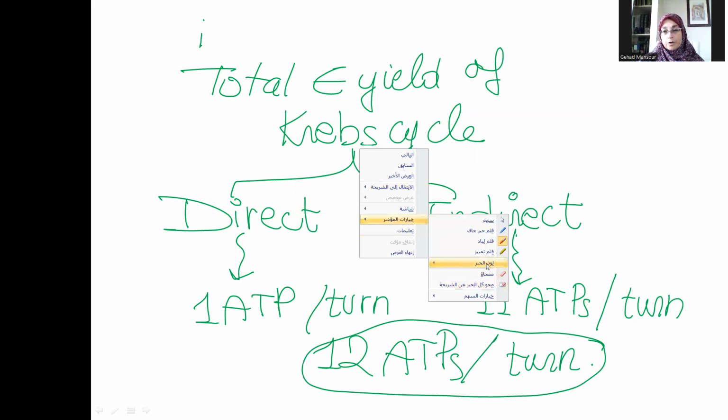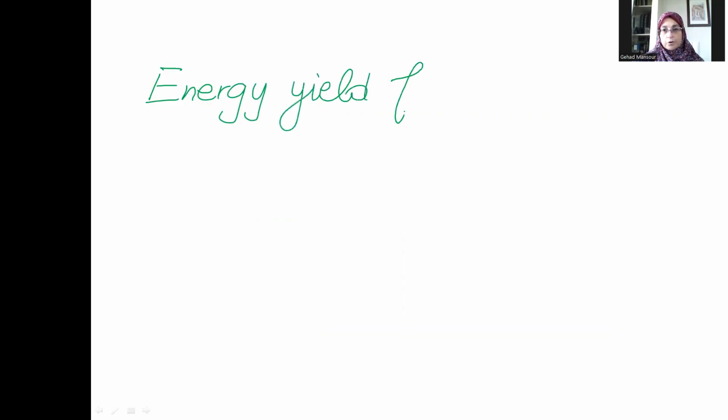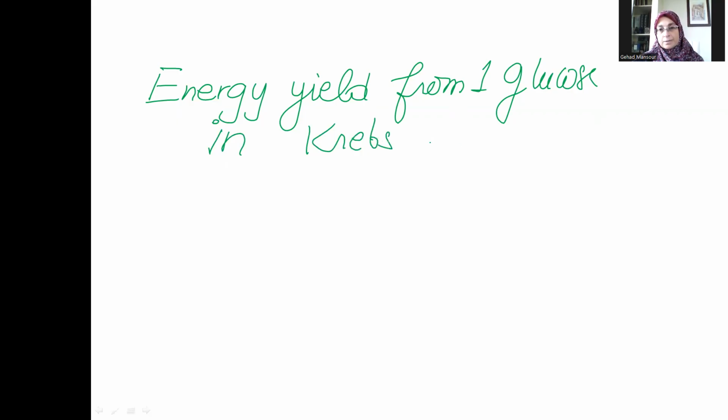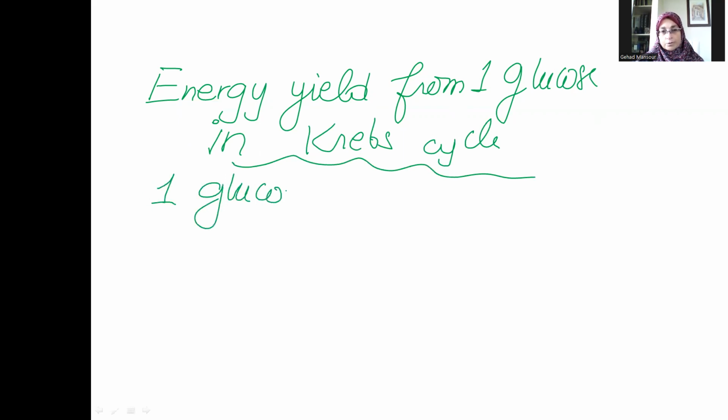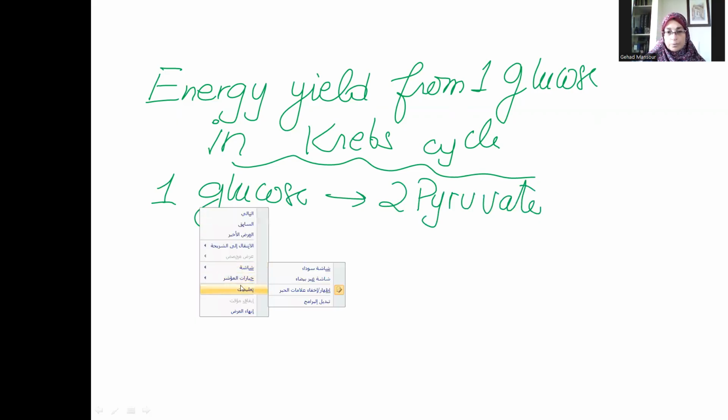And now we move on to something else, which is: what is the energy yield from one glucose molecule in Krebs cycle? In order to answer this, we have to remember that one glucose molecule gives 2 pyruvate via glycolysis.